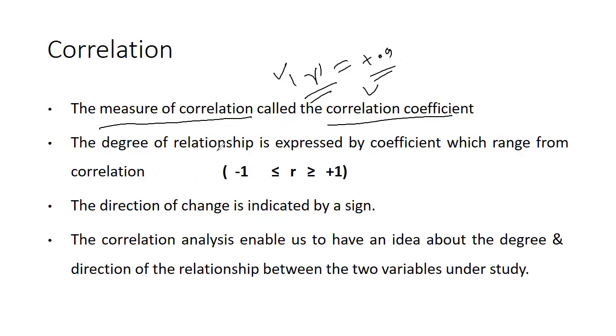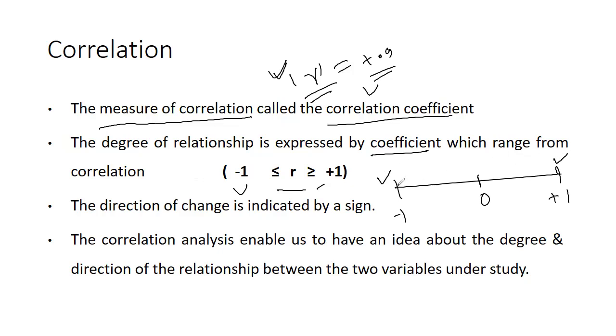The degree of relationship is expressed by the coefficient, which ranges from -1 to +1. So correlation will vary from -1 to +1.